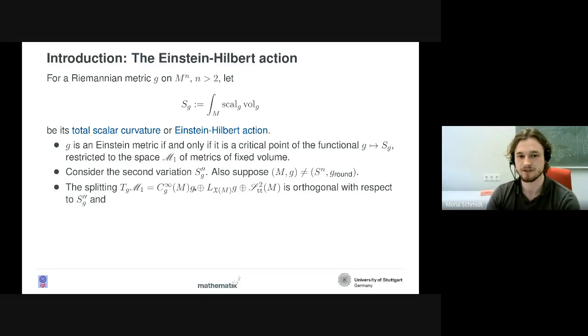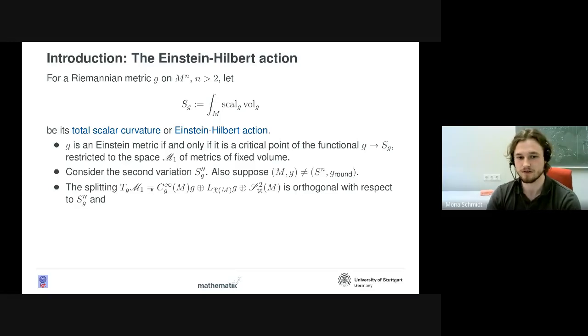The first component, with the little index g, is the set of smooth functions that have integral 0, because we consider metrics of fixed volume.